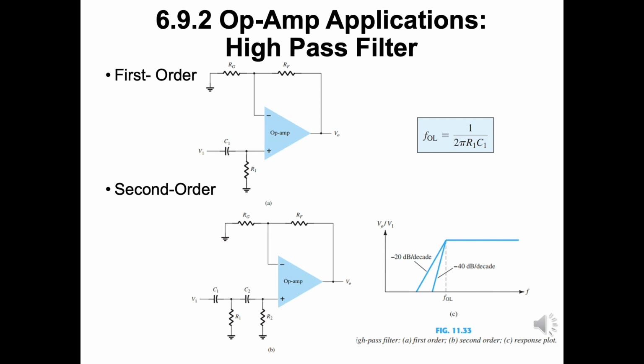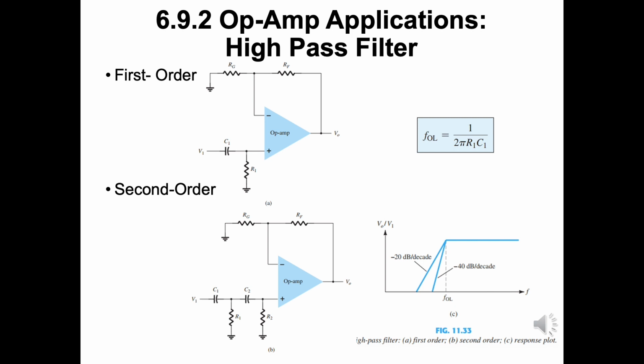First and second-order high-pass active filters can be built as shown in the figure on the left top and bottom. The amplifier gain is calculated using the same equation as the low-pass filter. The amplifier cutoff frequency is FOL as 1 by 2 pi R1 and C1.